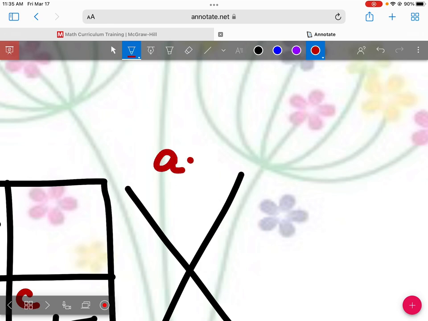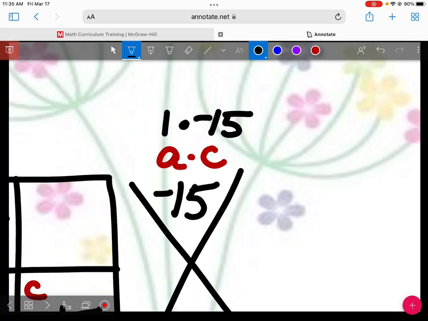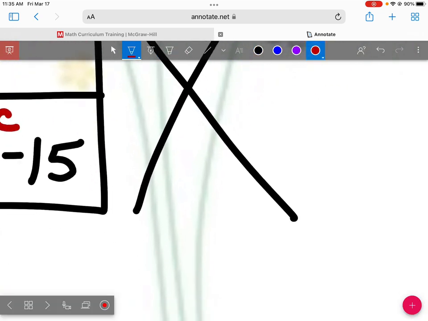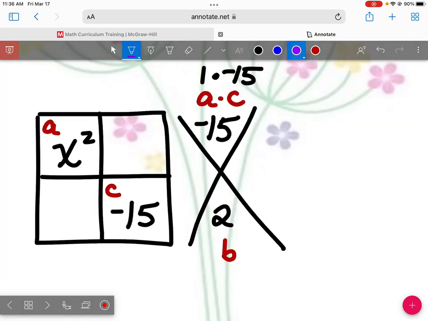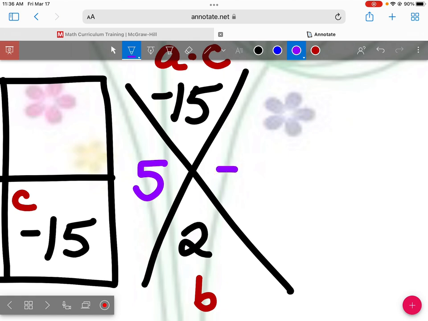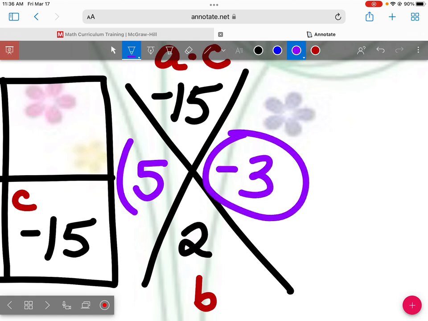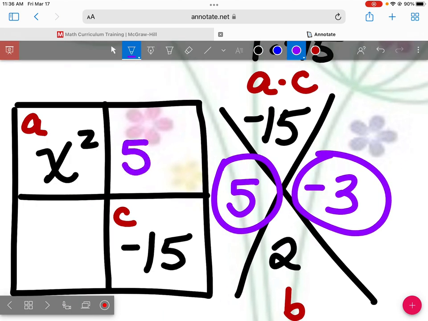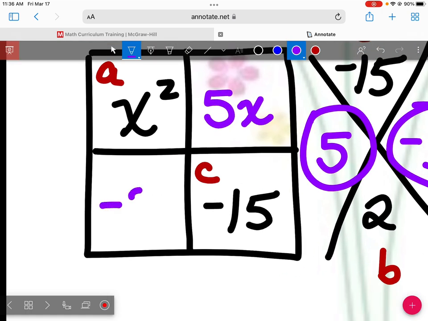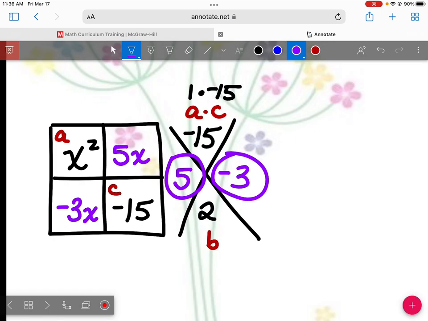Negative 15. I multiply a and c together, so I multiply 1 and negative 15 together. It needs to multiply to give me negative 15, but add to give me 2. I heard 5 and negative 3. So 5x and negative 3x.